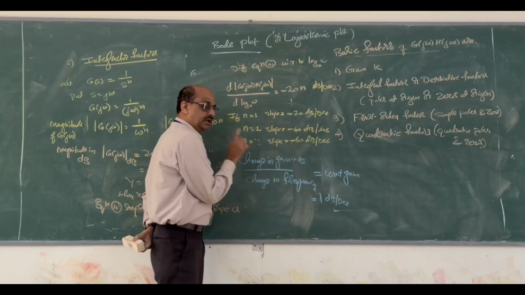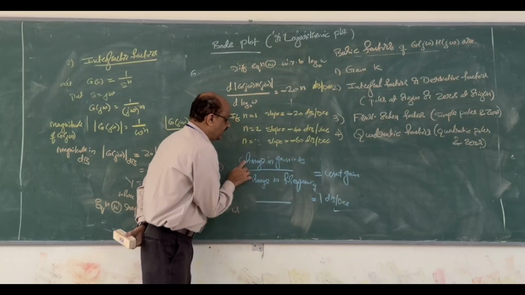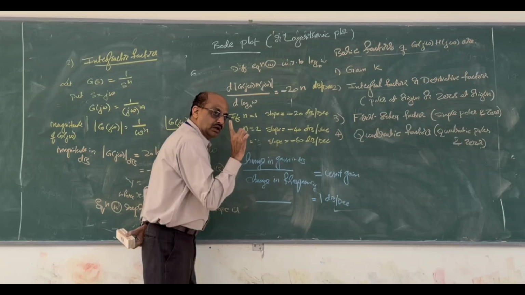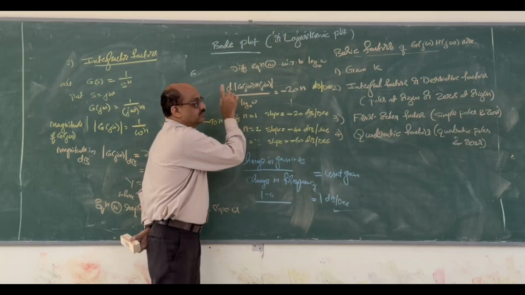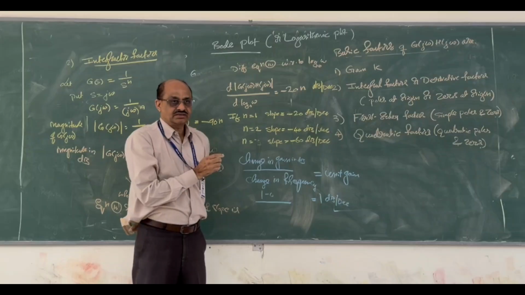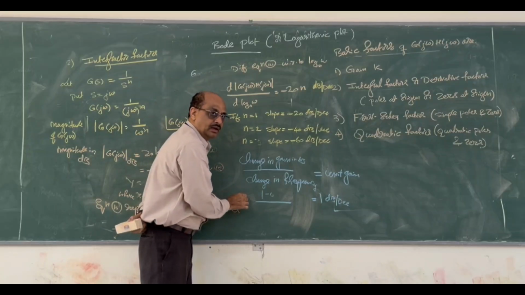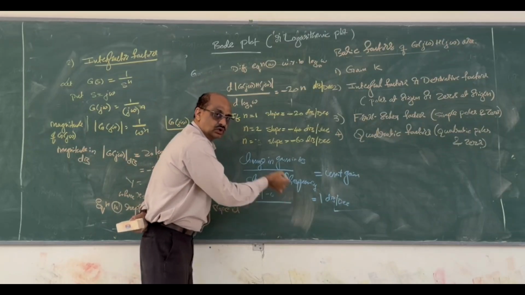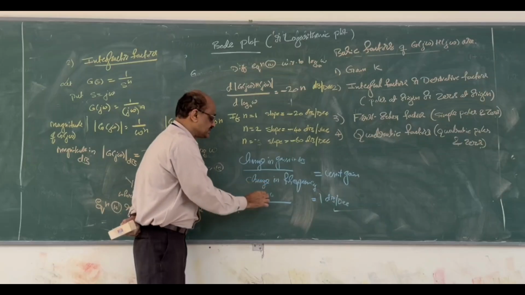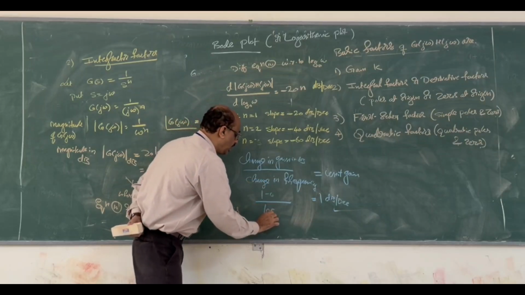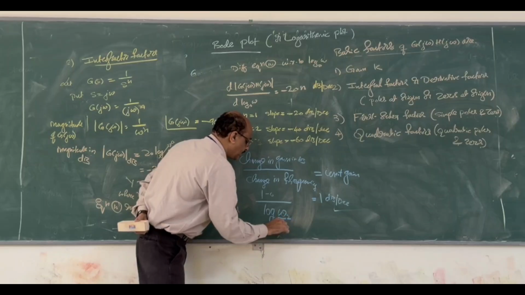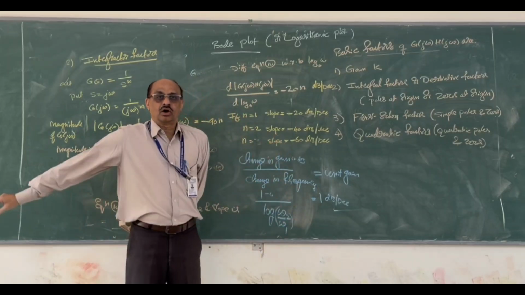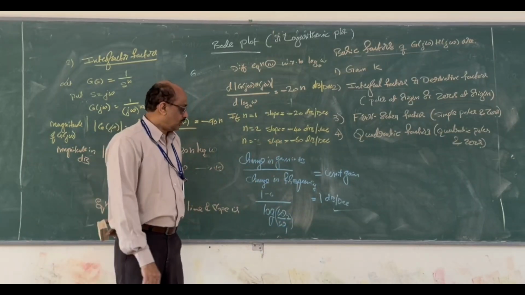Suppose for 1 dB per decade, change in gain is 1 dB minus 0. Then change in frequency is log omega 2 by omega 1.